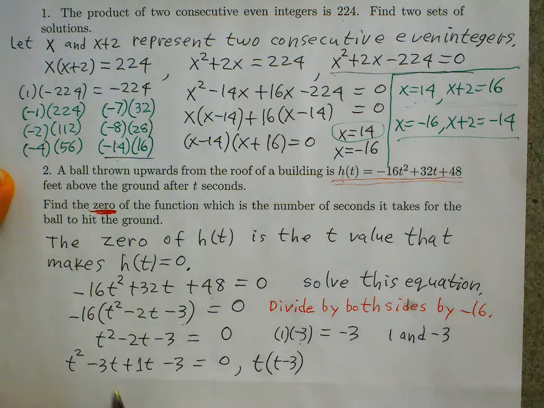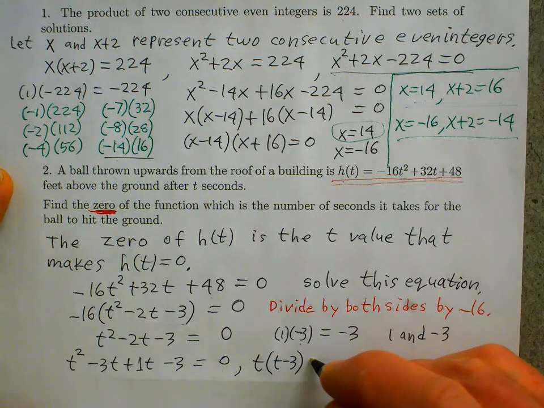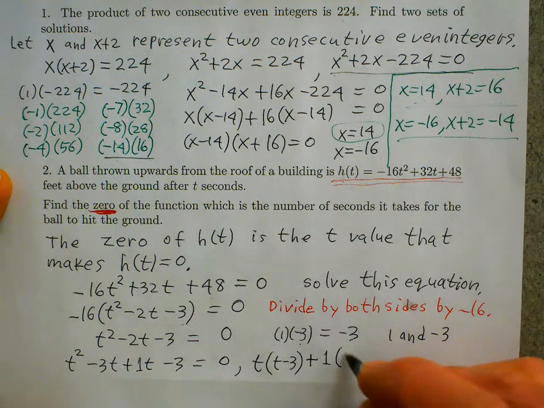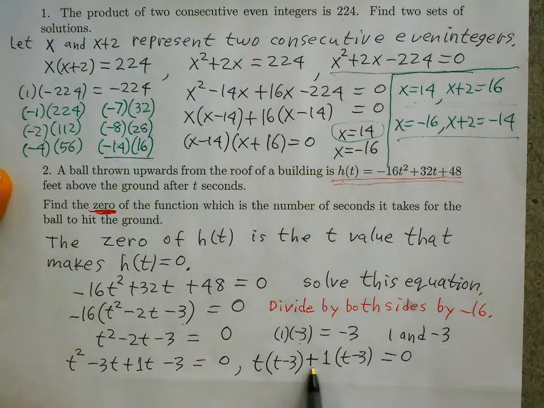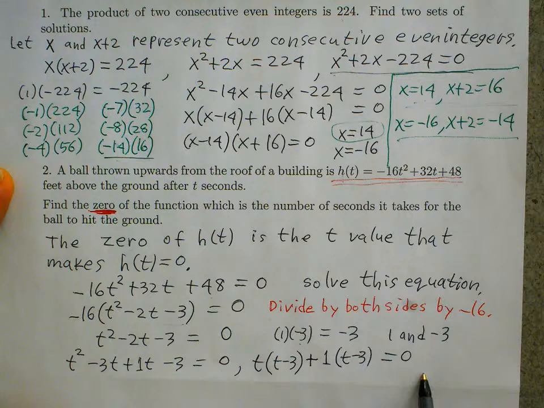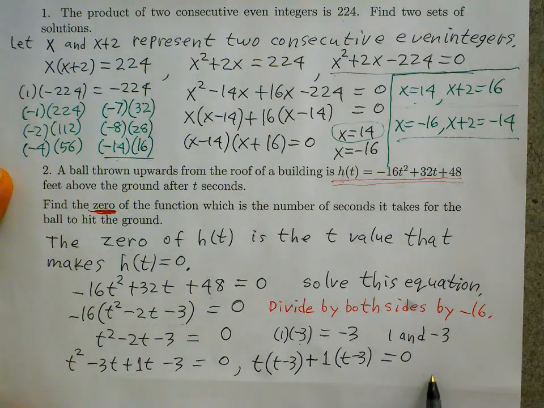When you're doing this factoring by grouping, it's important to write plus 1 times the quantity t minus 3. We don't want to forget the t plus 1 part. Okay, then we write t minus 3 times t plus 1 equals 0.